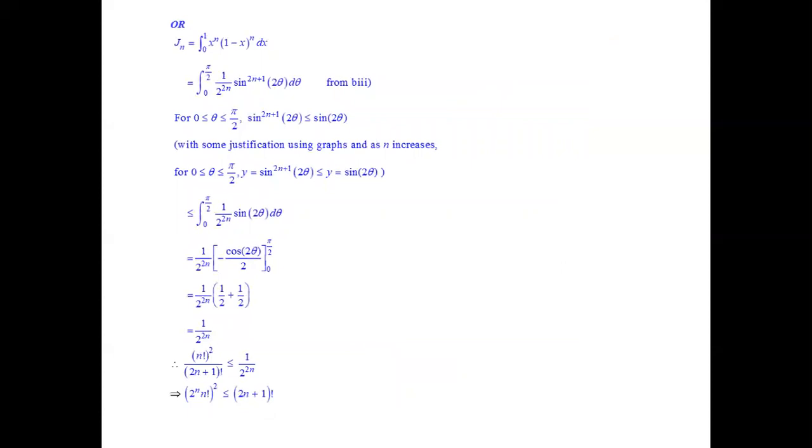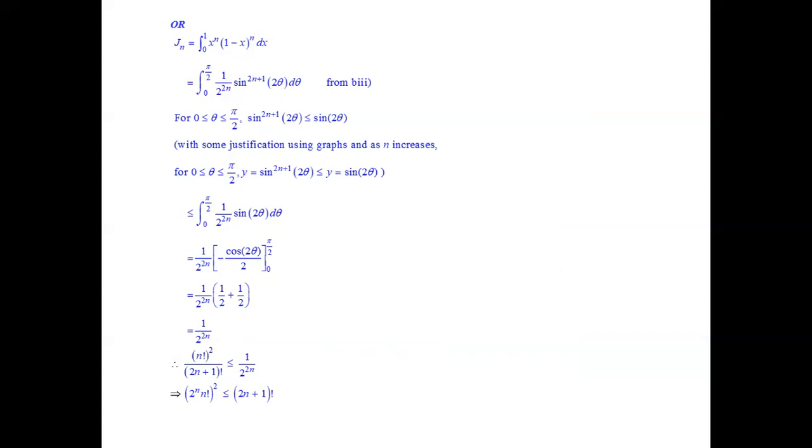Another way for this one is also looking at part 3. We can see that we replace it, so we get the integral of sine to the 2n plus 1 of theta. But students have got to recognize that the limit is from 0 to pi on 2. And sine to the 2n plus 1 of theta is less than or equal to sine theta.